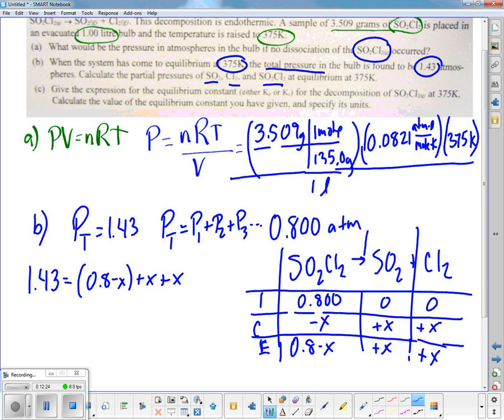Now solve for x. It's pretty easy because that negative x and that positive x will cancel each other out. So then I have 1.43 equals 0.8 plus x. So x equals what?